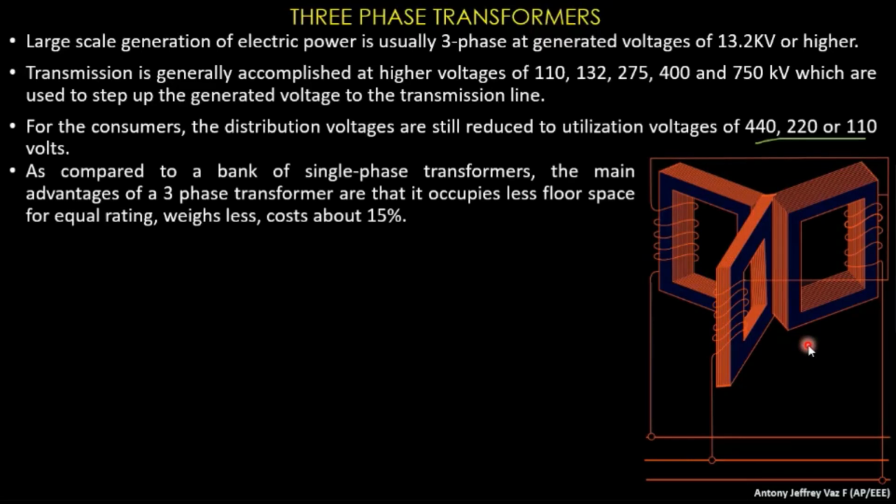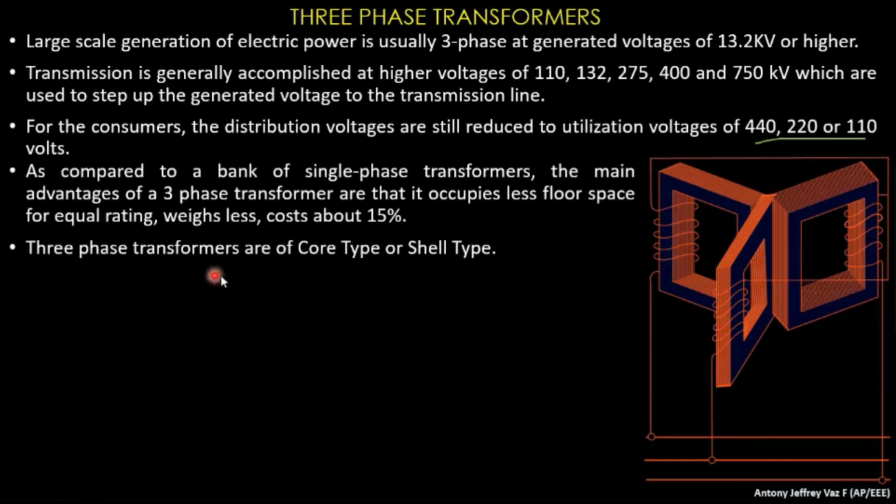Here the primary windings are connected in star and the secondary windings are open terminal. You can make them star or delta as you wish. Three-phase transformers are core type or shell type. There are two types of transformers you already know: core type and shell type. You can manufacture a three-phase transformer in core type as well as in shell type.